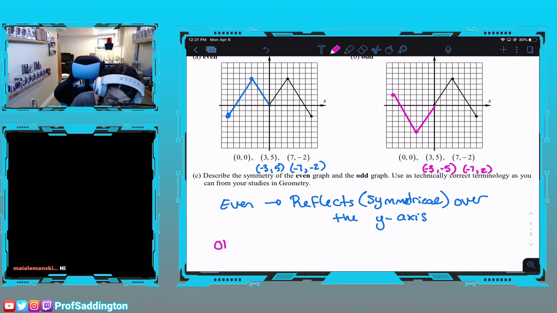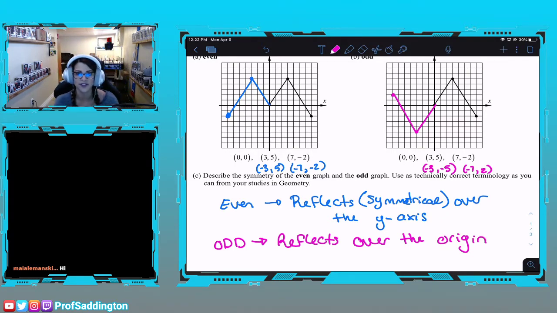And then for odd, it reflects over the origin. So those are some graphical features.